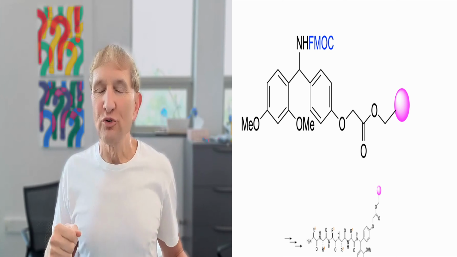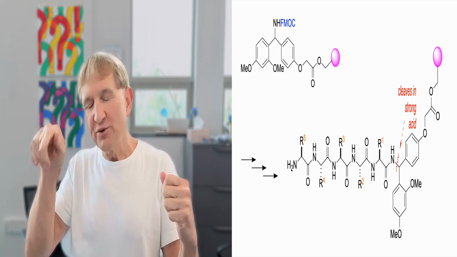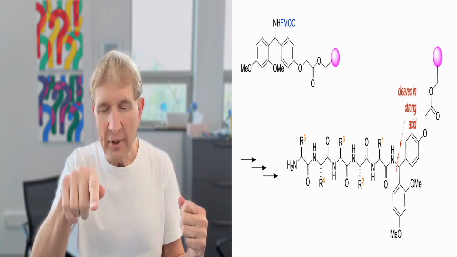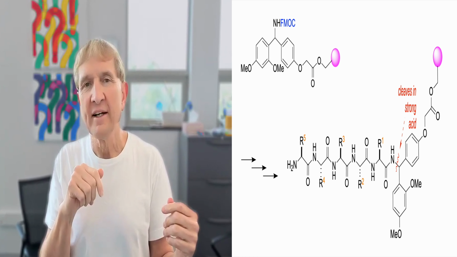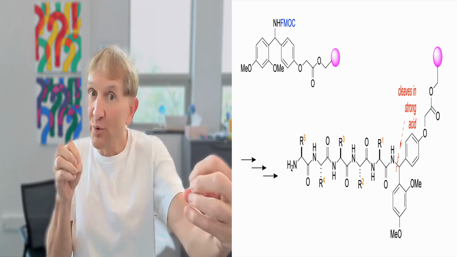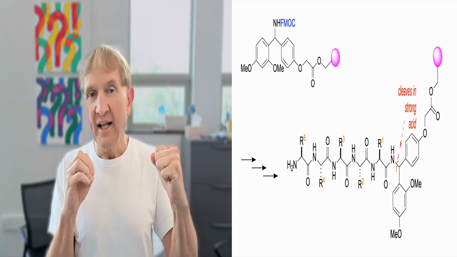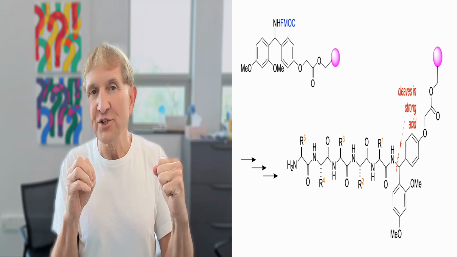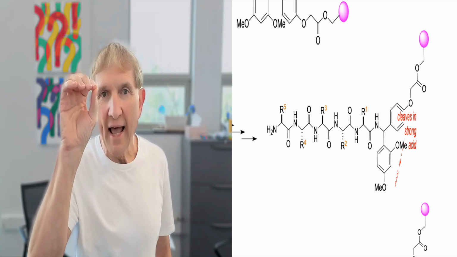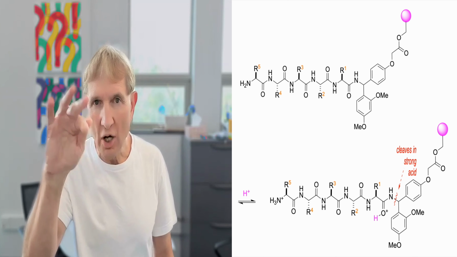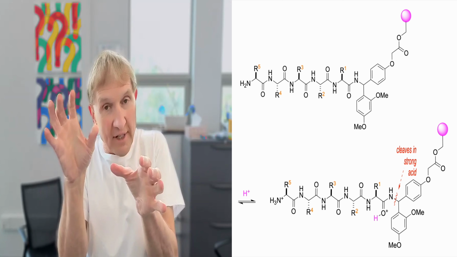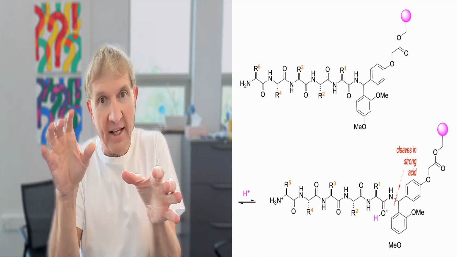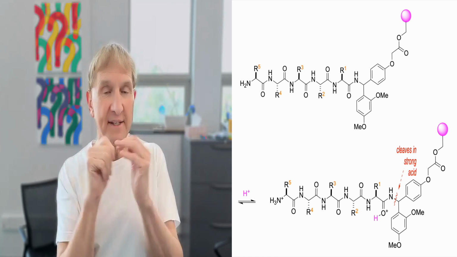If that FMOC group is deprotected, and we do cycles of coupling and deprotection, coupling, deprotection over and over again until we get to the sequence that we desire, then at the end of the reaction, note that that N terminus for the carboxamide is attached to the linker, and the linker is bisbenzylic.